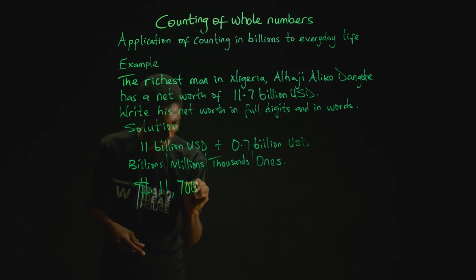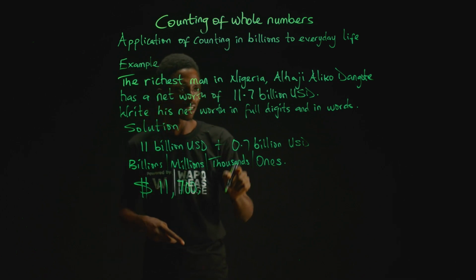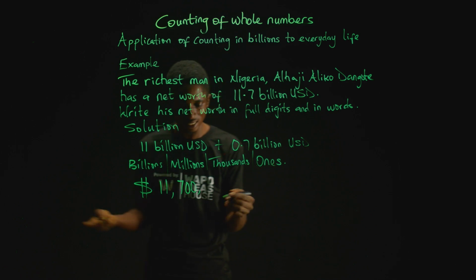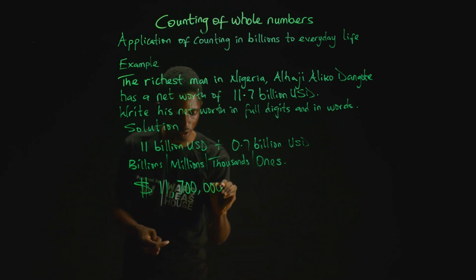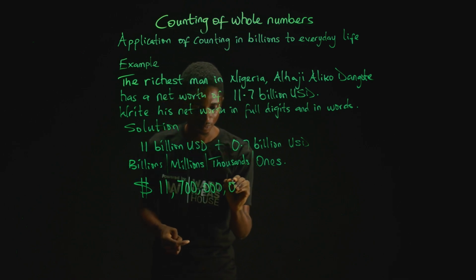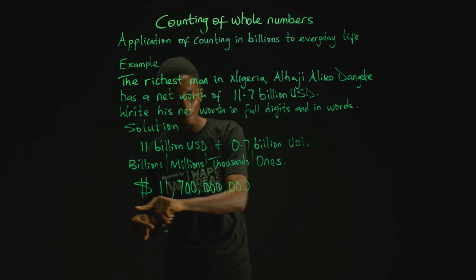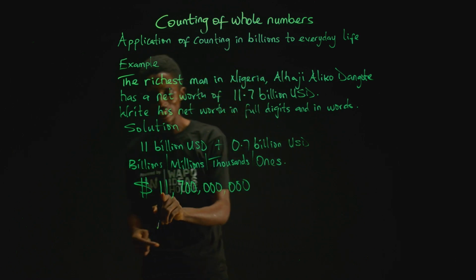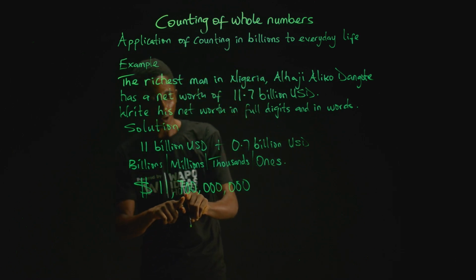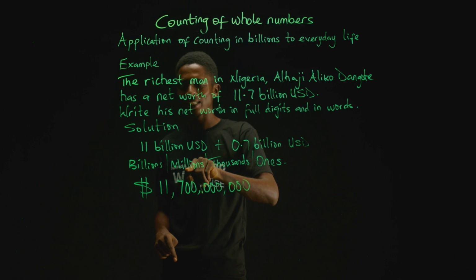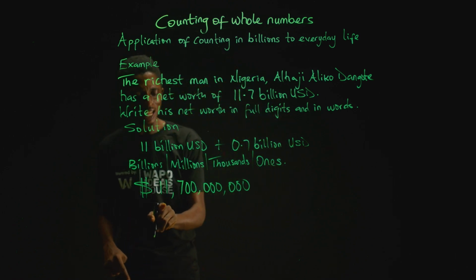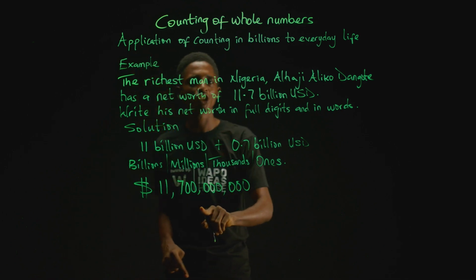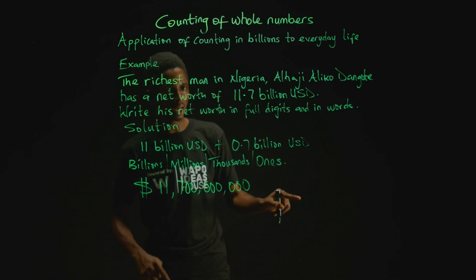So we have 0, 0, and then in the thousand, since there are no other digits, we have already used up the million, then we go and fill up with zeros, as said. And the number we have here is 11 billion, but this time 700 million. So you see, 11.7 billion is actually 11 billion 700 million US dollars.